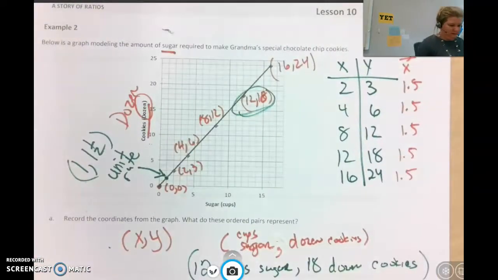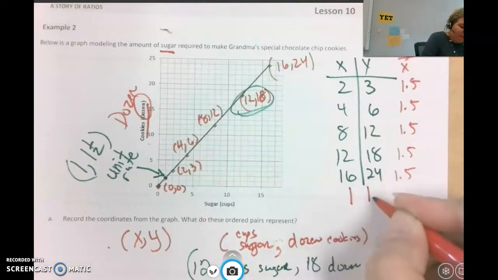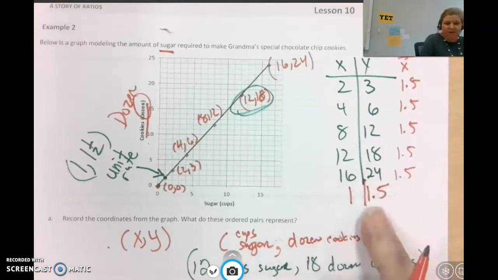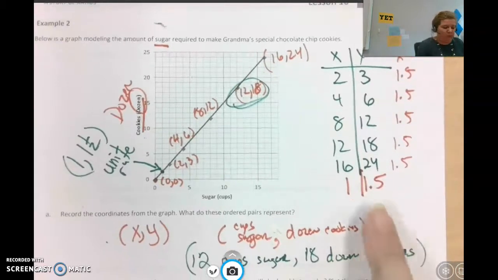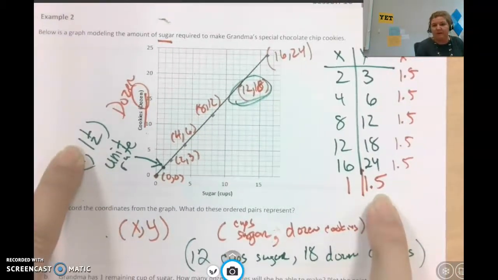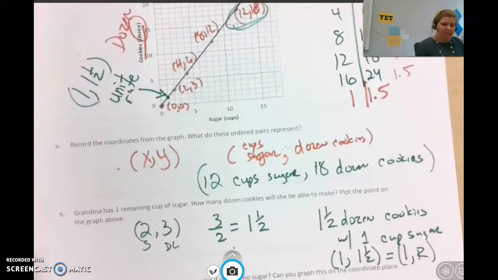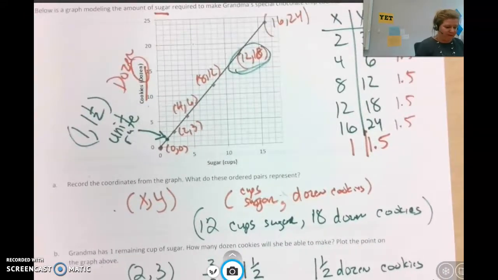All right. I just wanted to make that very clear. And then I could even add that point right here. Please note that 1.5 and 1.5 are the same. They look different, but they are the same, and you need to know that. Okay. Moving on. Let's go ahead and write an equation for this.